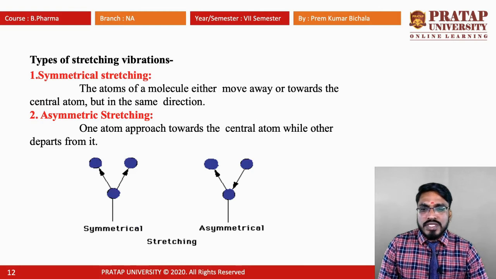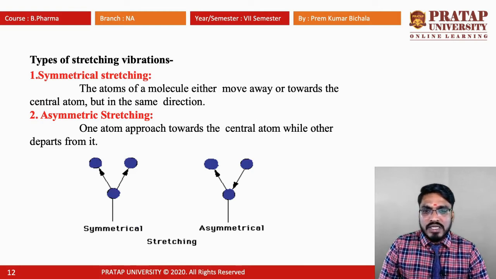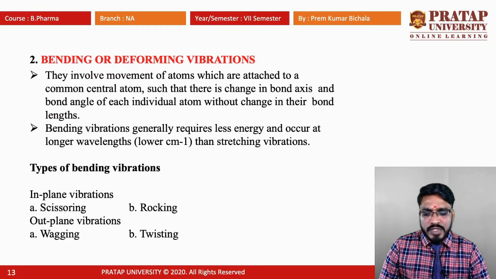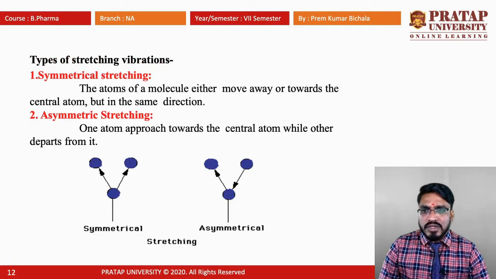Just go to the second picture, asymmetrical. One arrow is away from the central atom and one arrow shows towards the central atom. In this there is no change in bond angle; only the bond length may change, either decreasing or increasing.